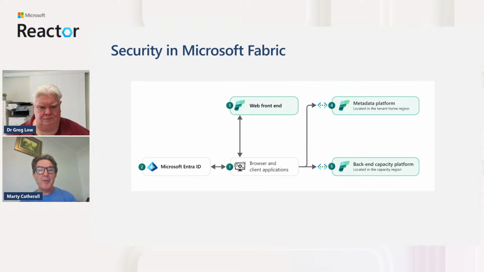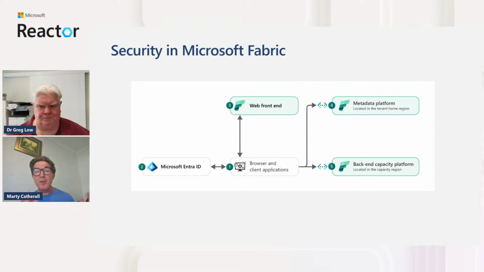We've got a user opens a browser, the client application like Power BI connects to the Fabric service. We've got some sort of authentication going on, and that's going to be handled by Microsoft Entra or previously Azure Active Directory, and that's based up in the cloud.